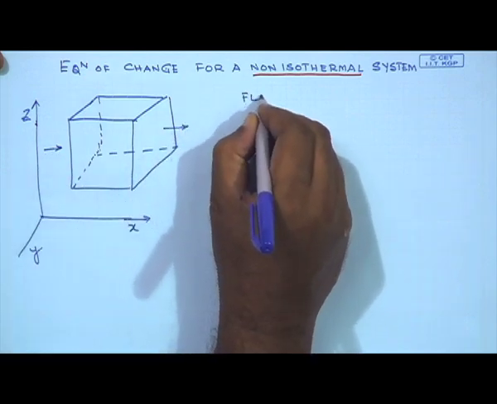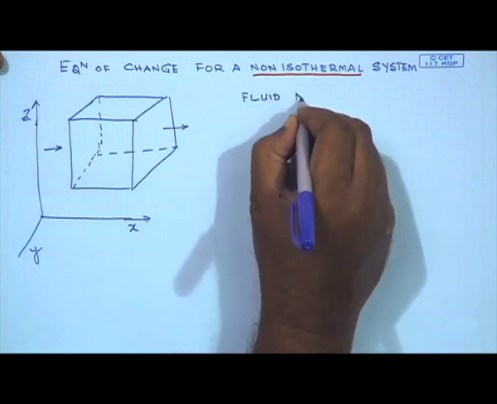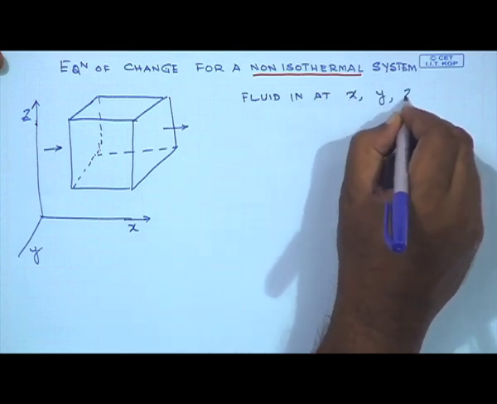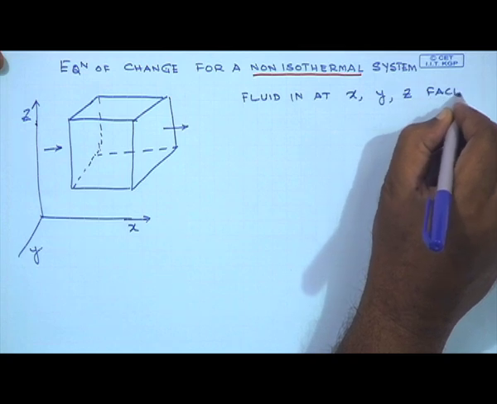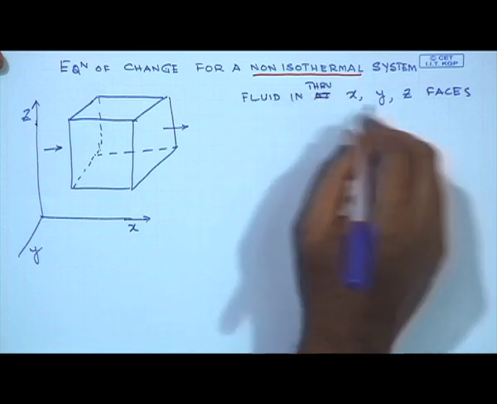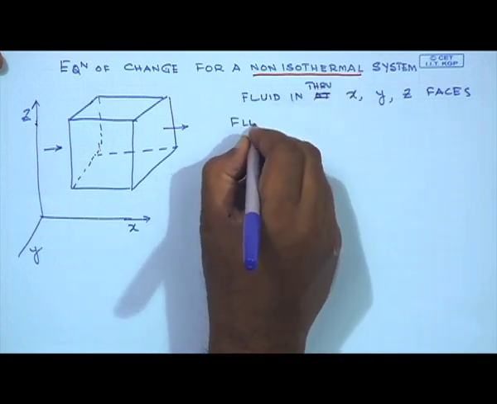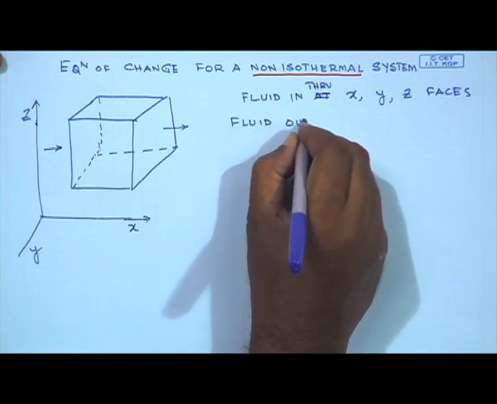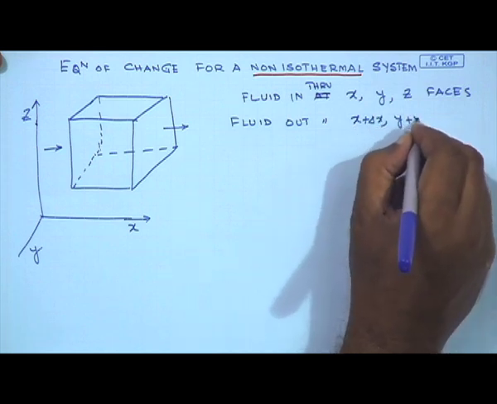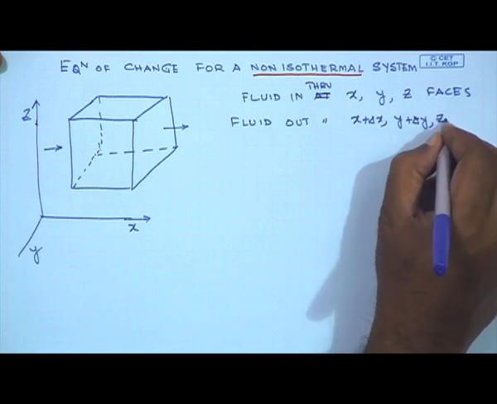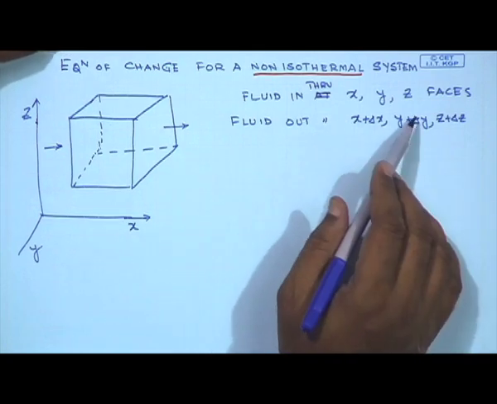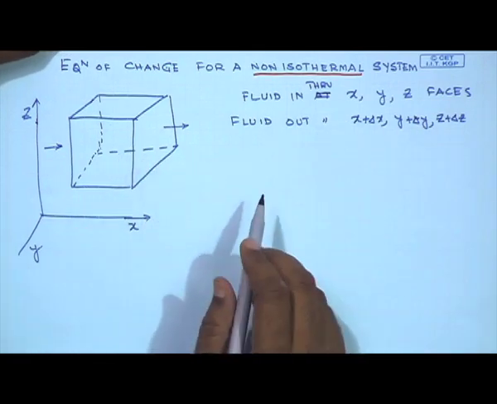So, fluid in through the x, y, and z faces, and the fluid out through faces at x plus delta x, y plus delta y, and z plus delta z. So, this is how the fluids can come in and go out of this control volume.